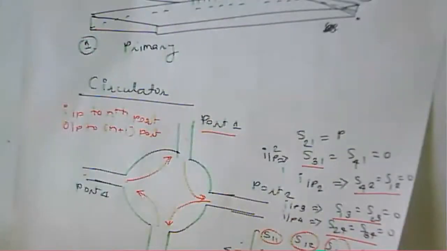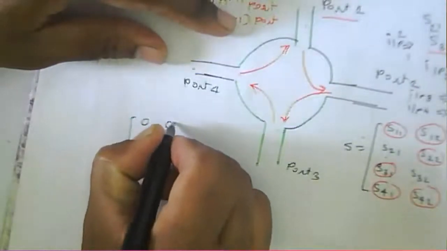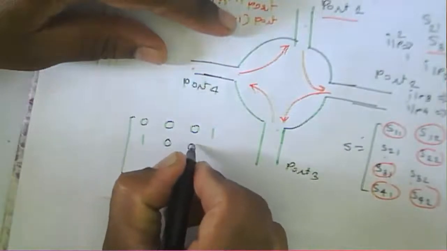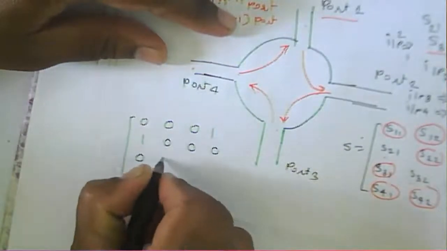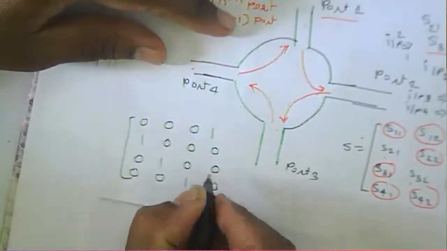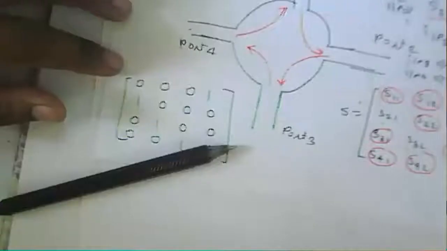If I rewrite the matrix again, it is 0, 0, 0, 1, 1, 0, 0, 0, 1, 0, 0, 0, 1, likewise. I consider that power is available there. In that case, for the matching condition, you will get that S matrix. That is about the S matrix.